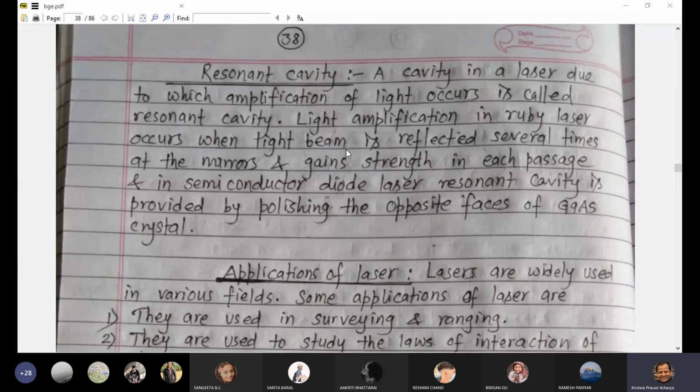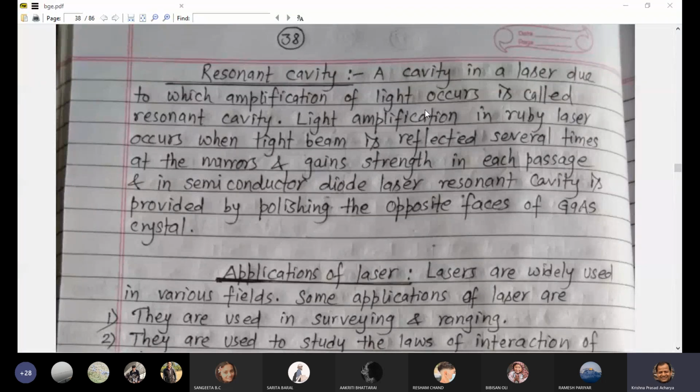In case of ruby laser, there are two mirrors at the sides and multiple reflection occurs between the mirrors, and that helps for amplification. You studied in ruby laser that two mirrors were placed at the two ends. When a photon hits a mirror, it is reflected, comes to the other mirror, and is reflected again, so multiple reflection occurs inside the tube by which laser light can be produced.